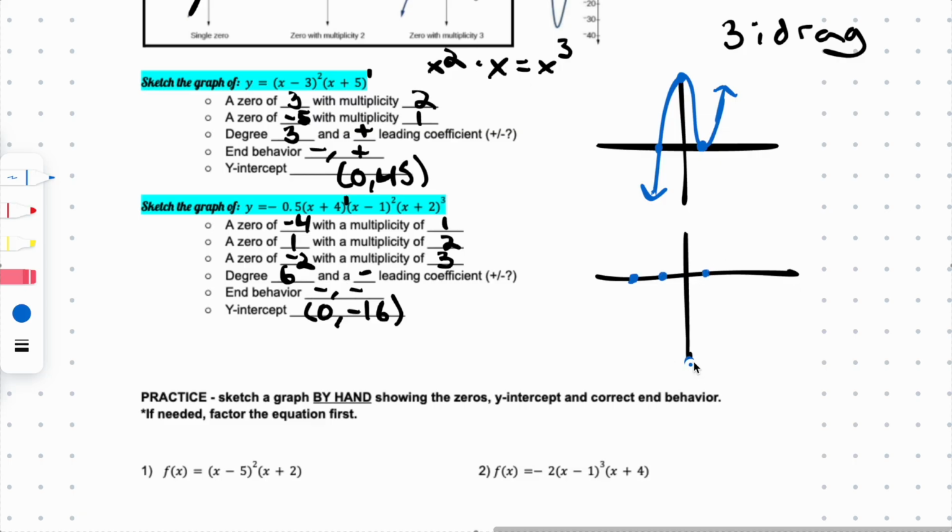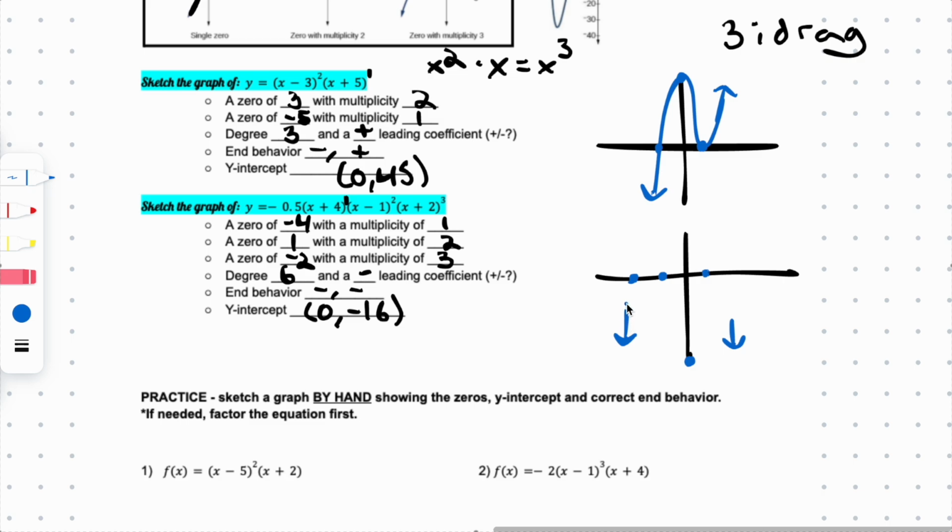Then we have a y-intercept all the way down here at (0, -16). Okay. So we also know that our end behavior is going down in the negative direction towards -infinity in both cases. So we want to go up here.